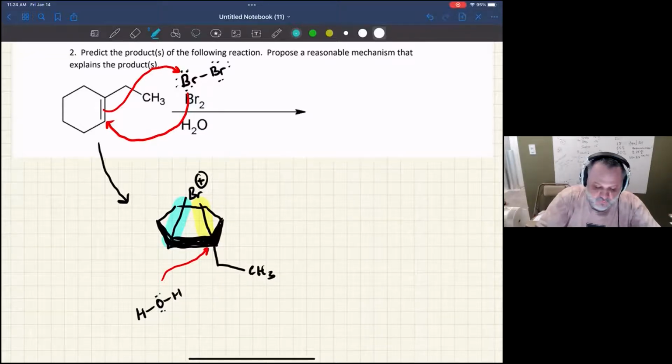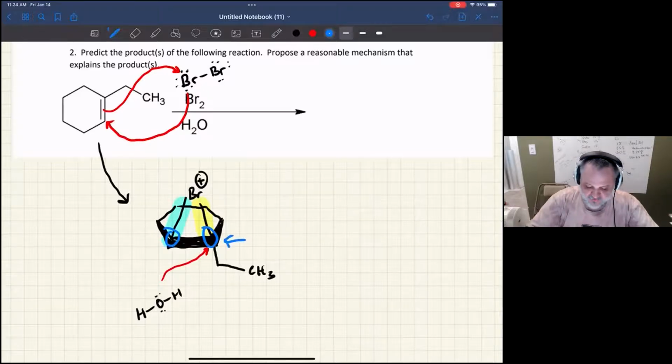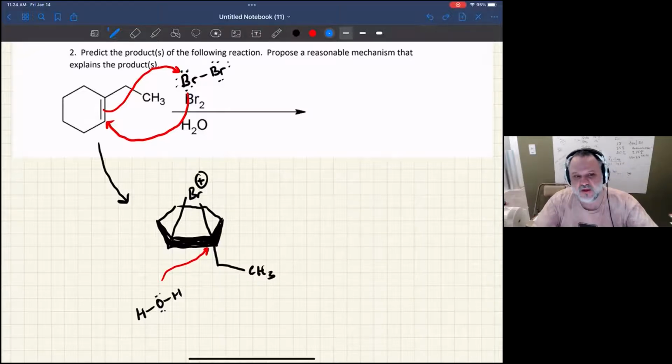And so that means that one of the locations that it's attached to, either here or here, will have to start to gain some positive character. And when we ask which side is more likely to gain positive character, it's going to be the more substituted location. The more substituted location will become a little bit more stable when that partial positive charge starts to form.